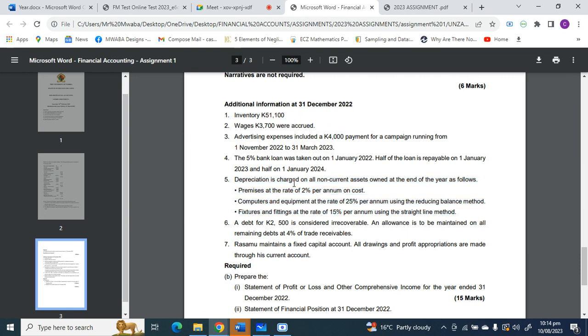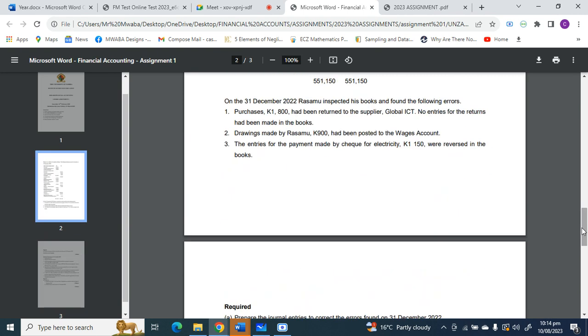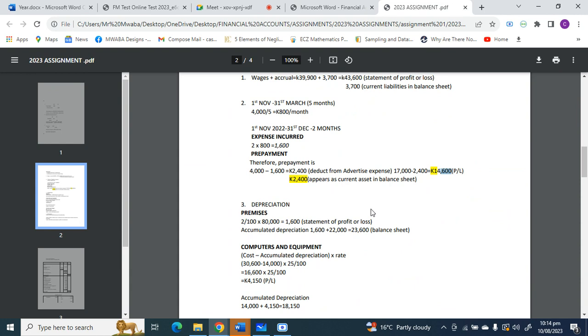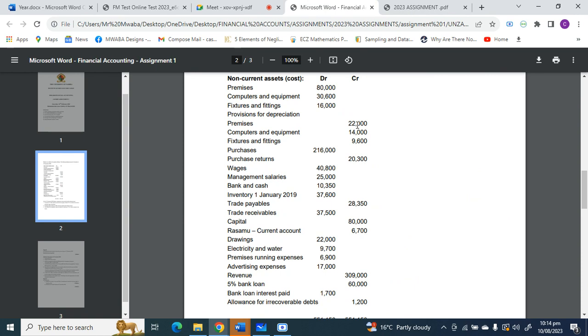So for premises, it's easy to calculate the depreciation. You just get 2% of the cost of the premises. 2% of 22,000. What do you get here? The premises is how much?